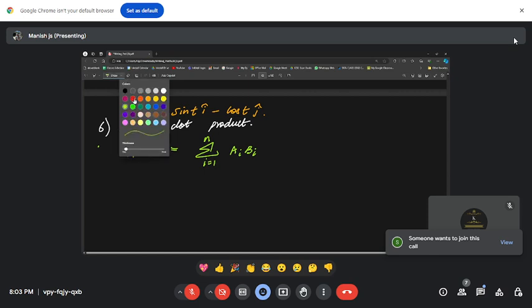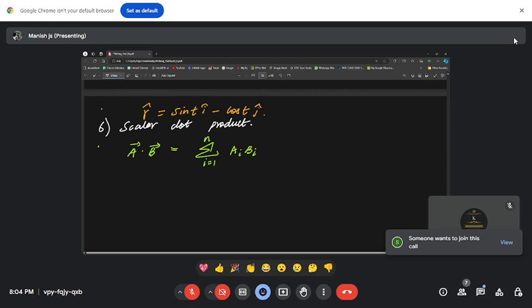Now, there are some rules that you will have to keep in mind whenever you evaluate a scalar dot product. You know that every vector has unit vectors i cap, j cap, k cap. For some vectors, only i and j might be there. It depends.